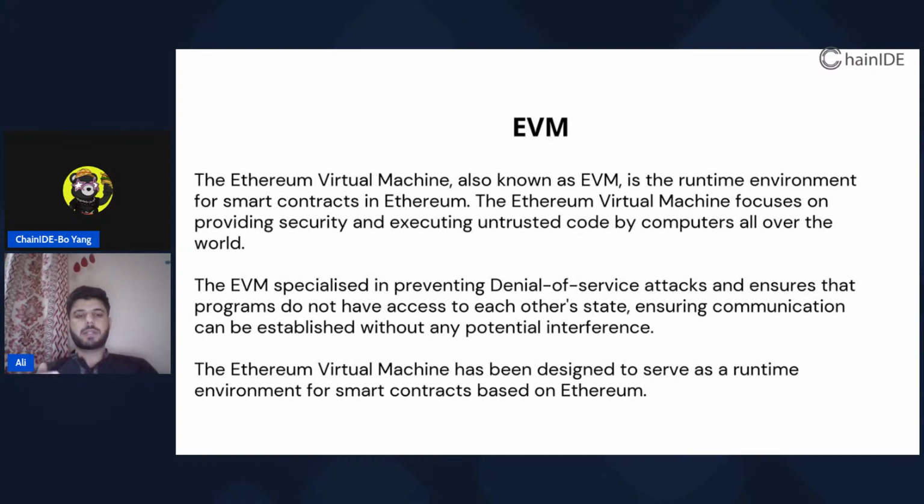Your smart contract is deployed and executed in the Ethereum virtual machine, and it provides security and executing understandable code by computers all over the world. What does it mean? Computers all over the world. In a blockchain, there are different nodes, and those nodes you can say are computers all over the world.